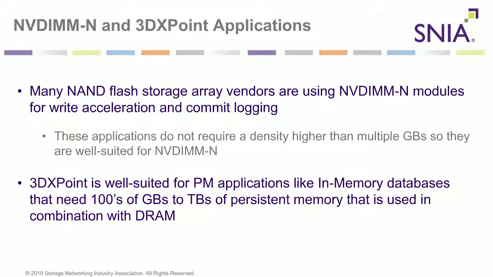The NVDIMM-N, like I mentioned, is useful for metadata acceleration, and also for storage, where you can use it as cache. The 3D XPoint Optane DIMMs are typically going to be used for in-memory databases, or even for some of the traditional databases, depending on the data sets. Because these have higher capacities, you can load the whole thing into this persistent memory.